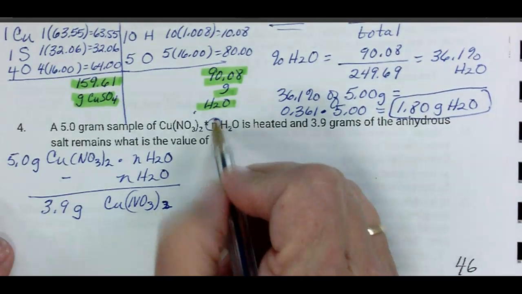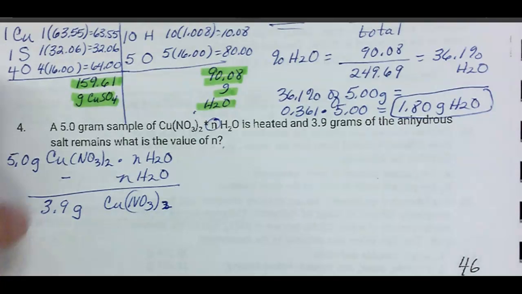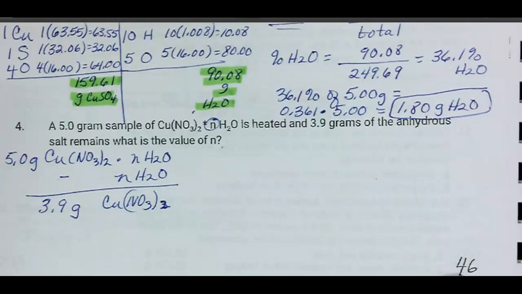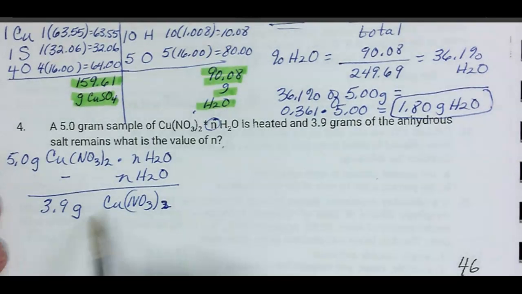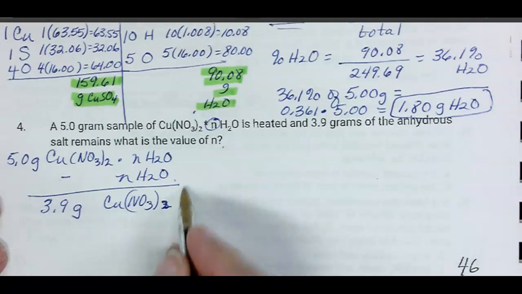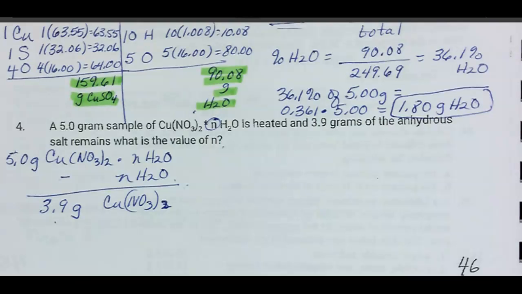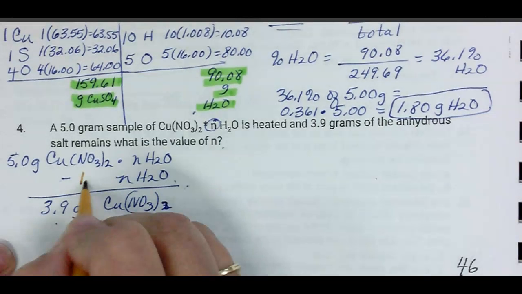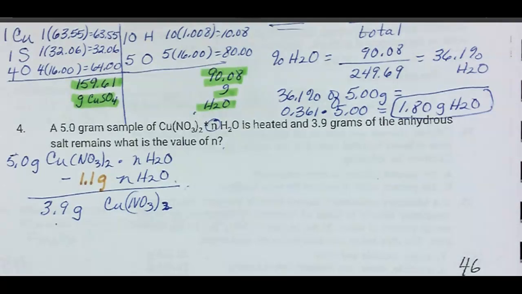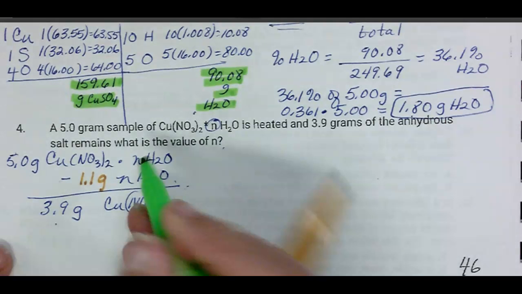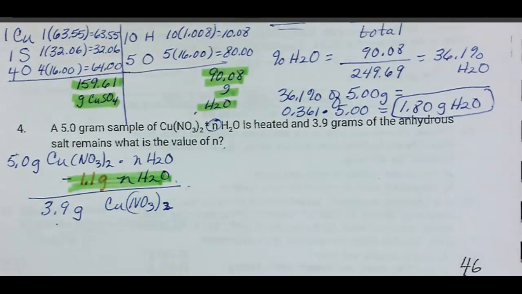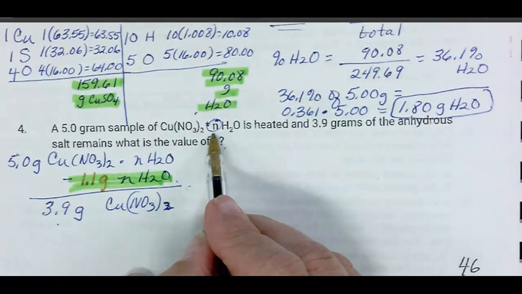The value of N is going to be somewhat of a mole ratio similar to our empirical. So let's talk about it. These problems have all kind of been related together. So I can figure out how many grams of water was released, right? 5 minus 3.9, which means that I lost 1.1 grams of water. Is everybody okay with that? 1.1 grams of water. Now, since I want this N value, it's kind of like the subscripts on an empirical formula.